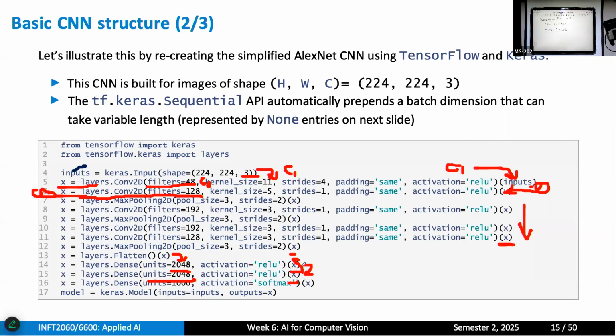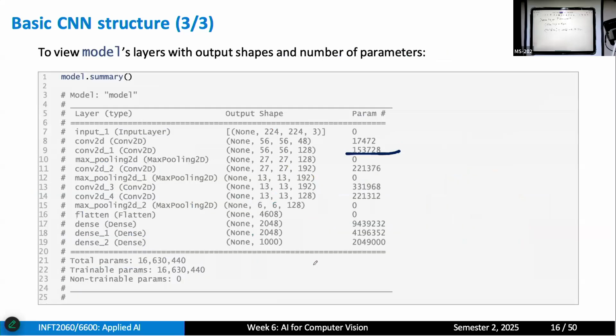Okay, and let's just quickly calculate the parameters. 2048 plus 1 is 2049, times 2048, and that will be 4,196,352. Okay, now let's check the parameter. Right? So that's how you calculate the dense layer parameters.